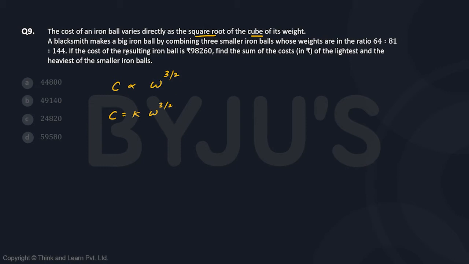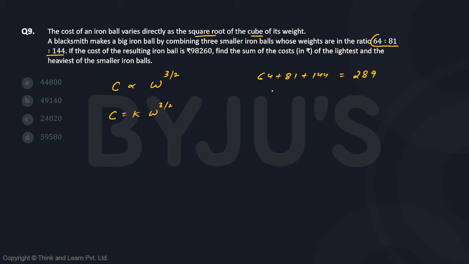Now, the three balls are given in the ratio of their weights as 64, 81 and 144. So let us assume these values as the weight. 64 plus 81 plus 144. If these three balls are combined, the sum comes out to be 289.